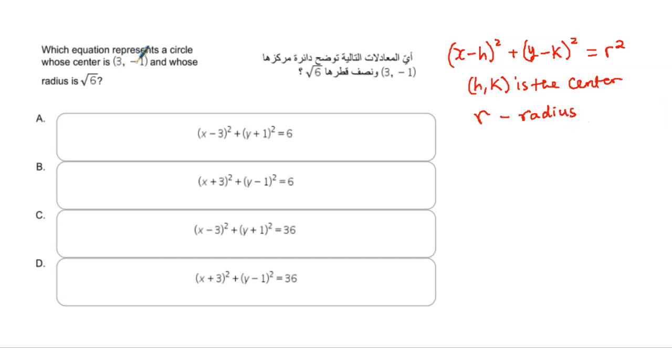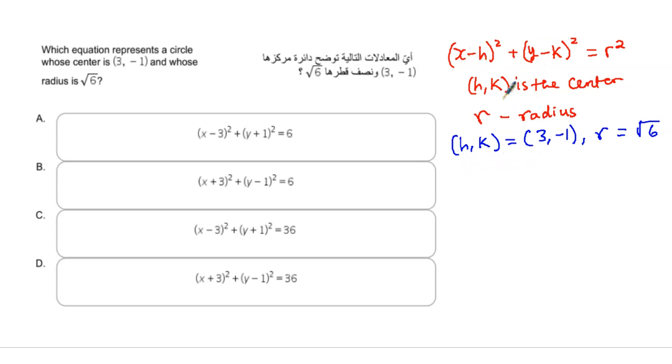They have given us the center and the radius. So here our h and k has been given as 3, -1, and our radius has been given as the square root of 6. So you just plug it into the equation and that's it.